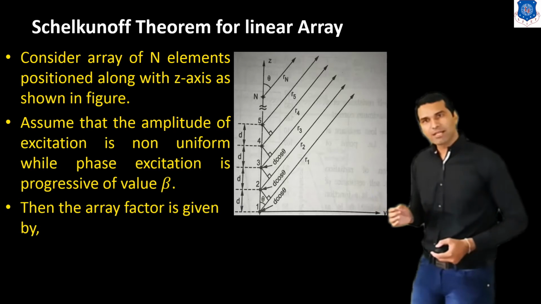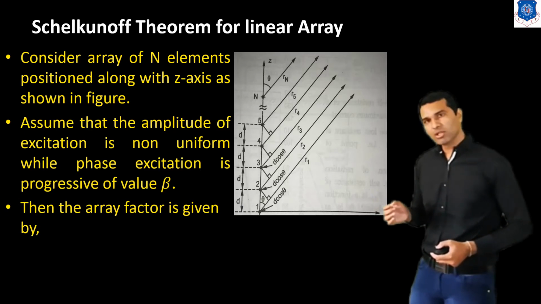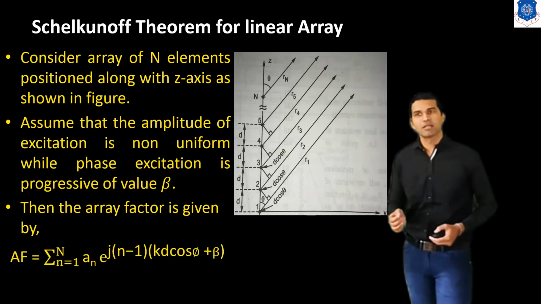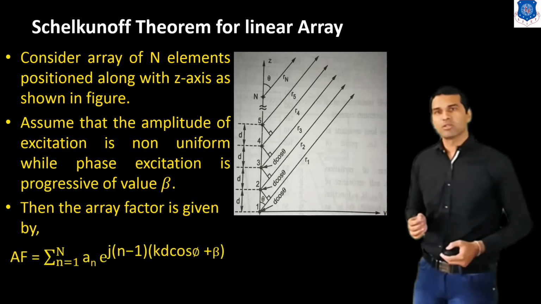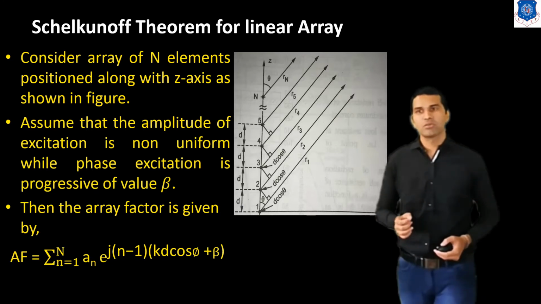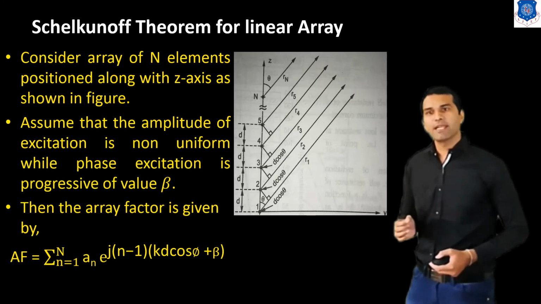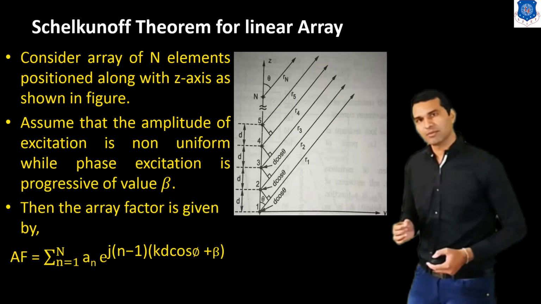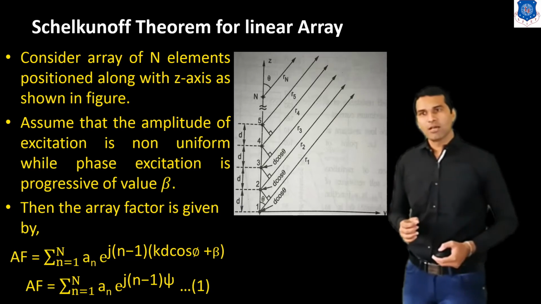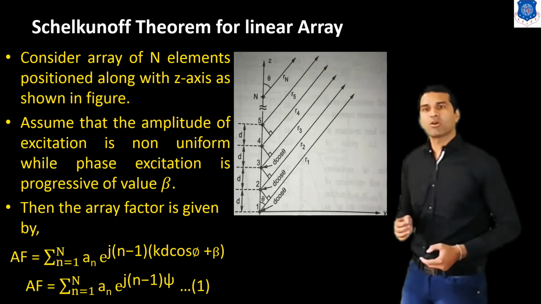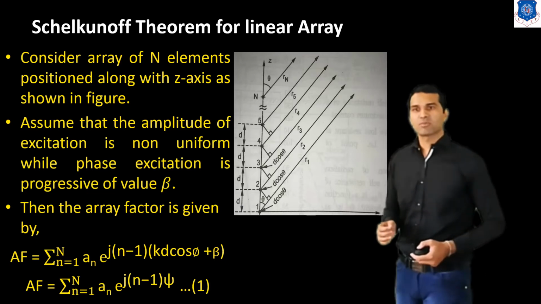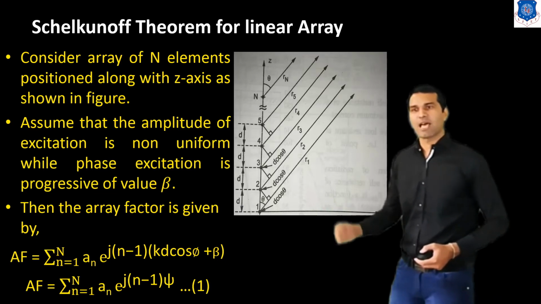Then the array factor is given by, we know what the array factor is. We can write AF equals sigma n equals 1 to N, a_n e raised to j (n minus 1)(kd cos phi plus beta). We also know that kd cos phi plus beta is nothing but psi, so instead of kd cos phi plus beta, we just write psi.